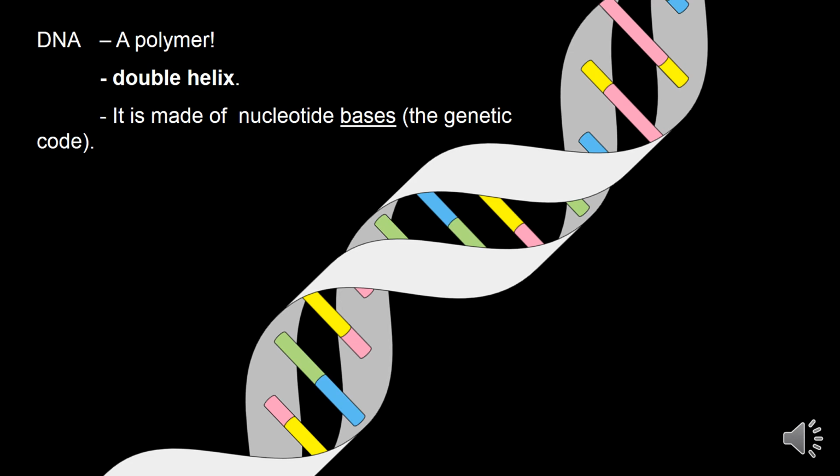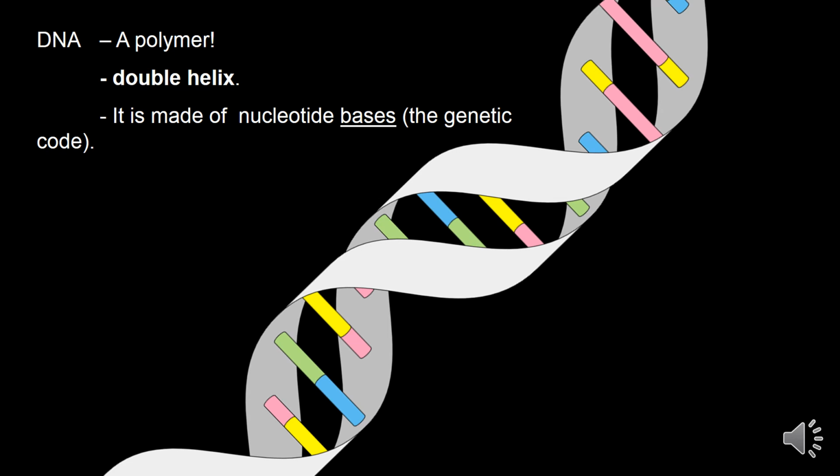It's the order or the sequence of these particular bases. If you count again how many different colours there are, 4. It's because there are 4 different types of nucleotide bases. They have technical names: adenine, guanine, cytosine and thymine.